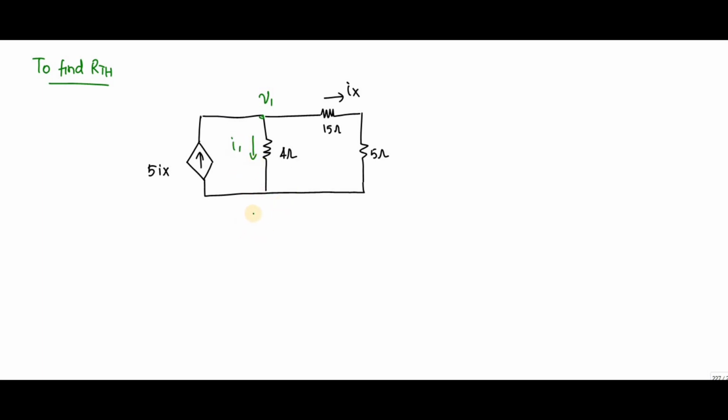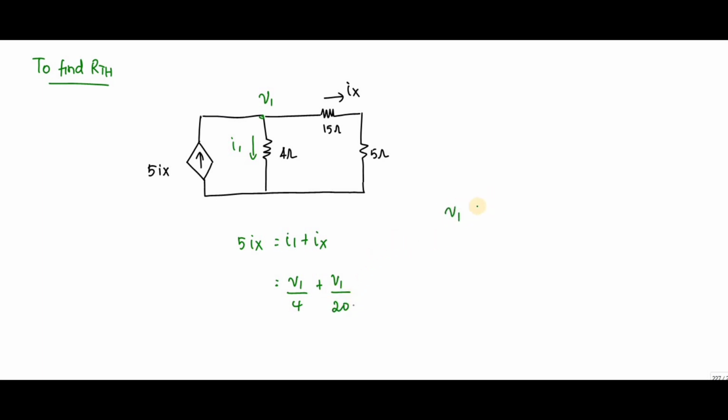What are the incoming currents? The incoming current to this node is 5ix, that is equal to I1 plus ix. These two are outgoing currents. So I1 I can write as V1 by 4, and Ix I can write as V1 by 20.